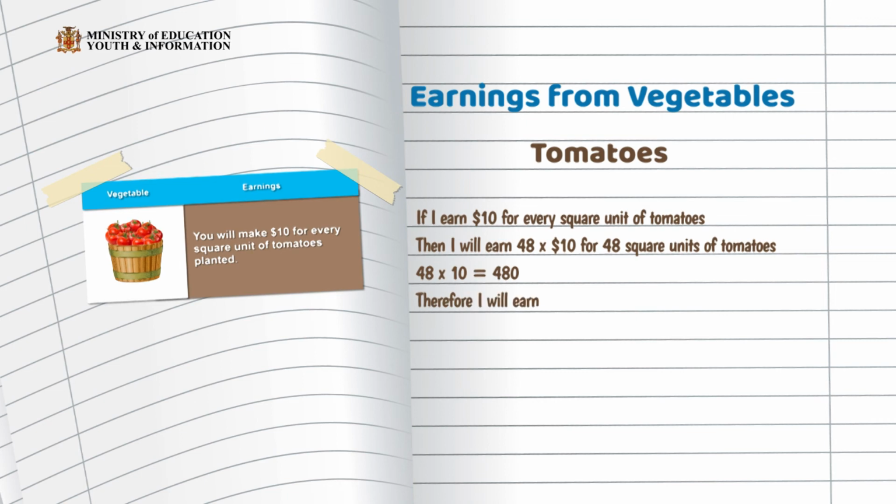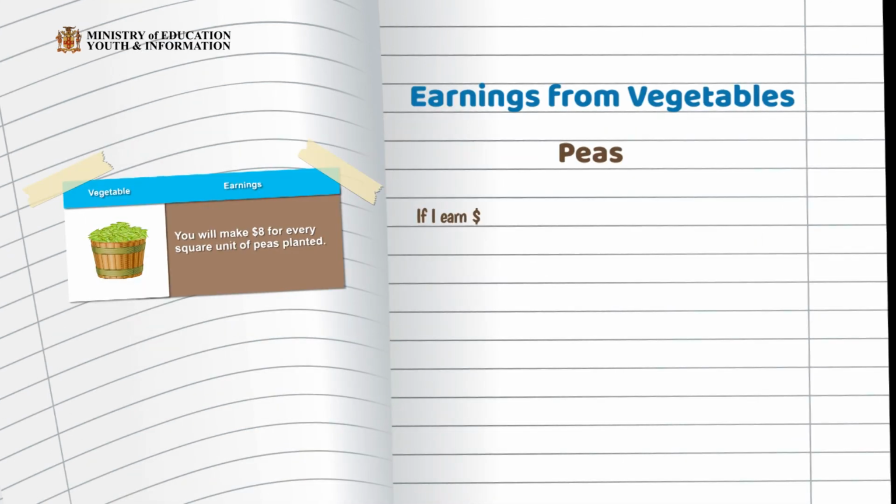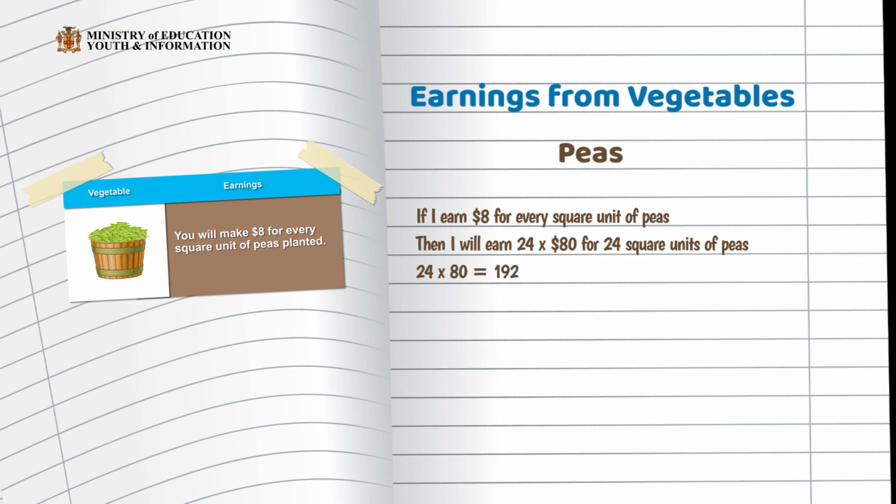Therefore, I will earn $480 from my 48 square units of tomatoes. If I earn $8 for every square unit of peas, then I will earn 24 multiplied by $8 for 24 square units of peas. Therefore, I will earn $192 from my 24 square units of peas.